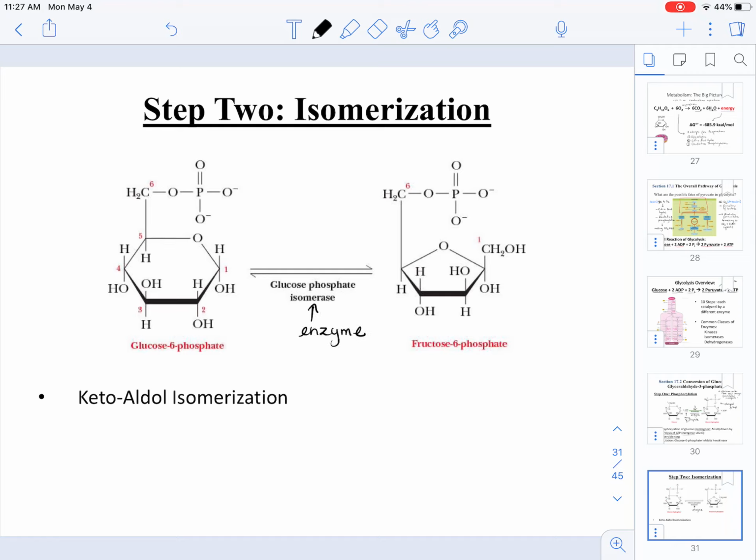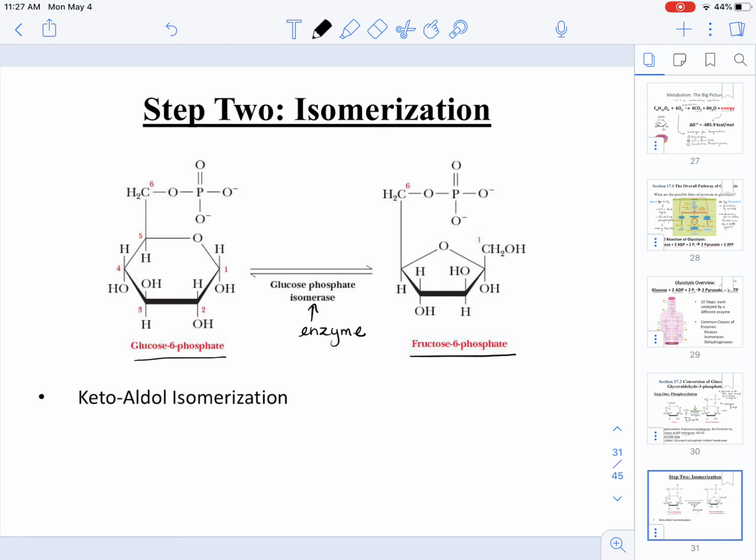That glucose 6-phosphate and fructose 6-phosphate are going to be isomers of each other. This isomerization reaction is through a keto-aldol isomerization. Understand that you guys don't need to know the arrow pushing mechanism of the conversion from glucose 6-phosphate to fructose 6-phosphate, but you do need to know that step 2 is an isomerization reaction.